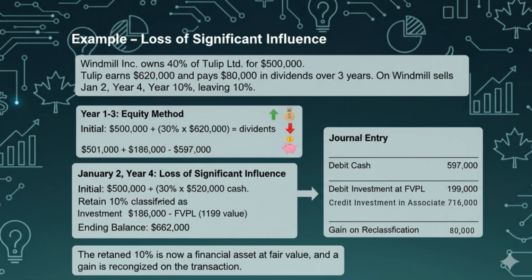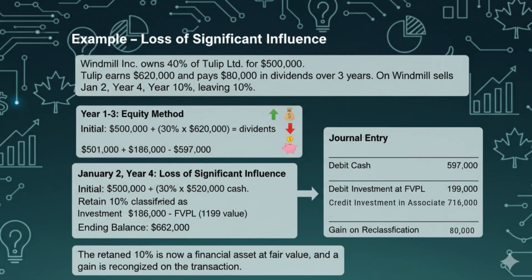With 10%, it no longer has significant influence. The retained 10% is reclassified as a financial asset at fair value, $199,000. Windmill records, debit cash $597,000, debit investment at FVPL $199,000, credit investment in associate $716,000, credit gain on reclassification $80,000.